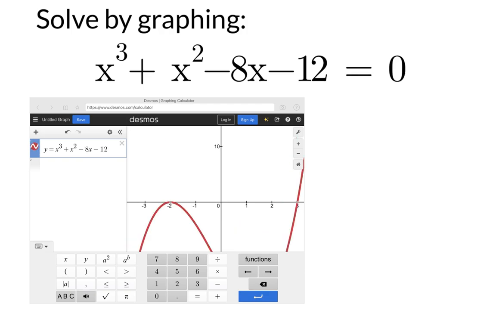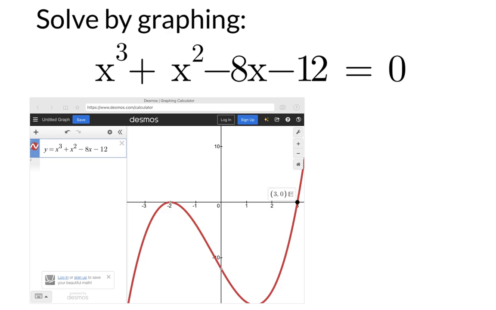We look for our x-intercepts here and here, and we see that we've only got 2 of them. However, we should be expecting 3. The degree of the polynomial here is 3, so we should be expecting 3 solutions. In fact, Gauss said there has to be 3 solutions.